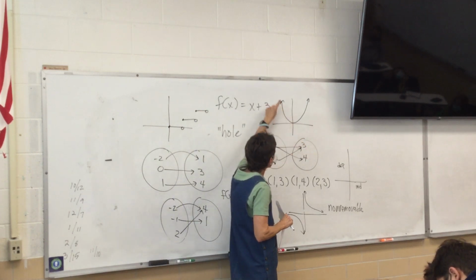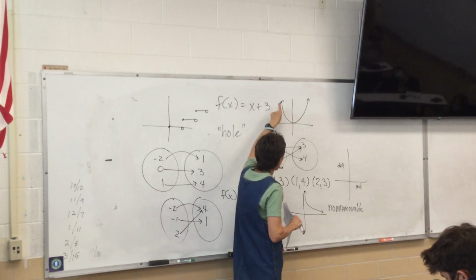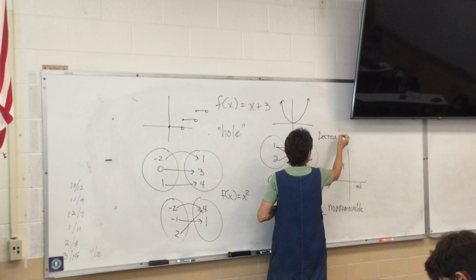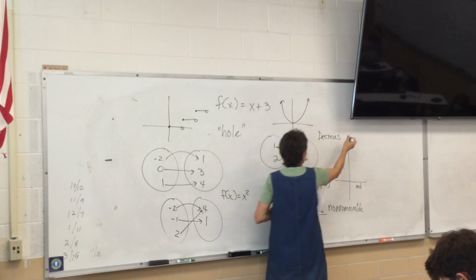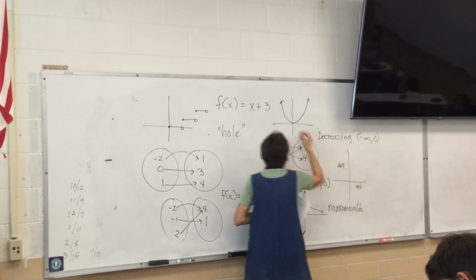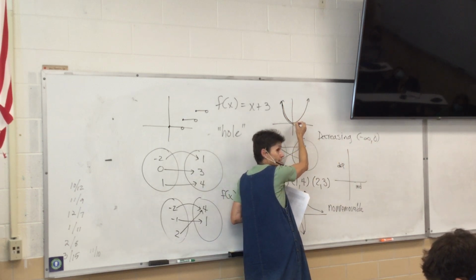For example, if this is my curve, then I would say I am decreasing on the interval from negative infinity to 0. In other words, this entire part of the curve is coming down, right?